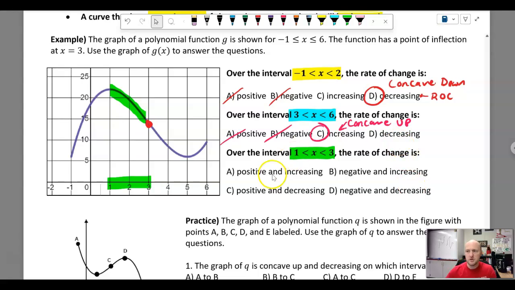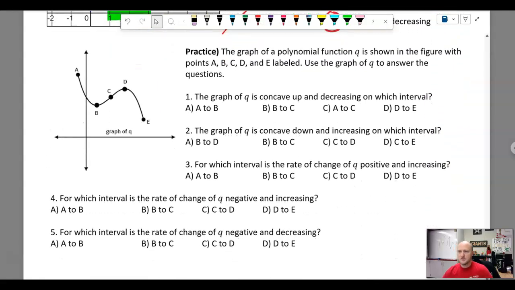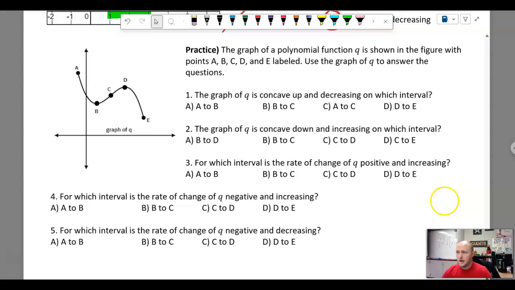So remember the first one, positive or negative, just tells you direction. My graph is going down, that's going to be negative slope or negative rate of change. So it's not A or C. And then remember we said on this interval that we're concave down, so the rate of change is decreasing. So we're looking for negative and decreasing. Answer D.